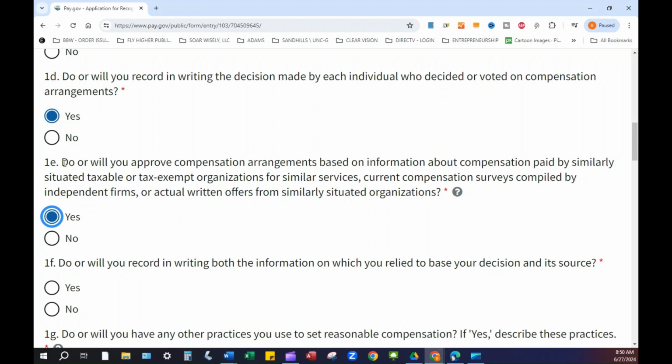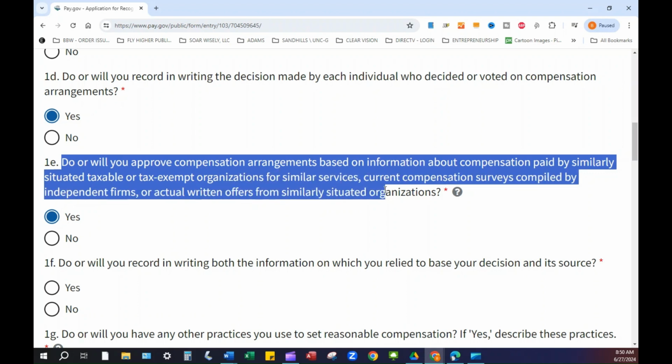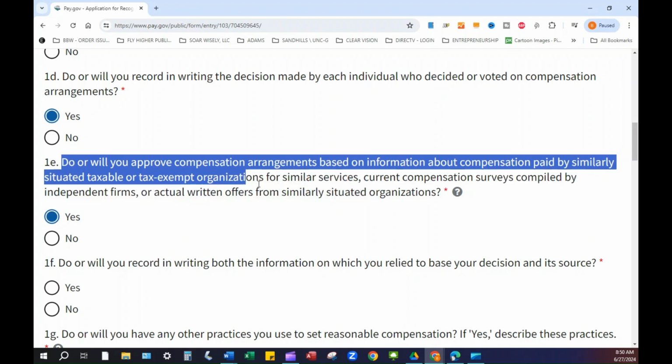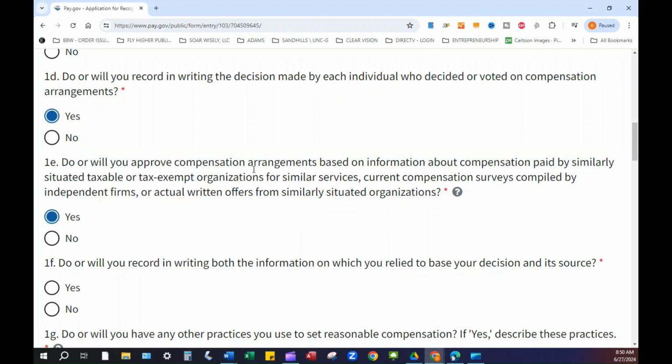Because how do you know how much to pay yourself if you don't do research? You have to conduct research to determine what another nonprofit similar to yours is paying their executive director, treasurer, or secretary, or look at any surveys. So definitely, yes.